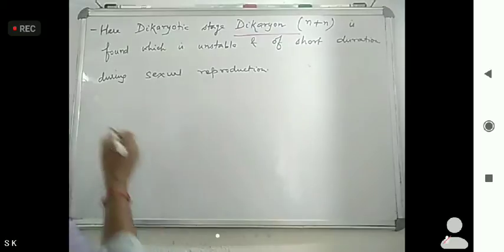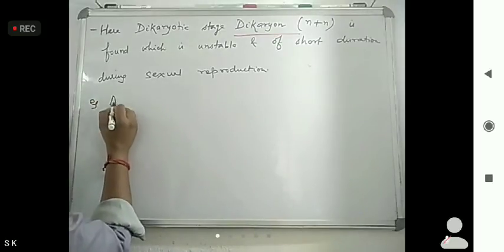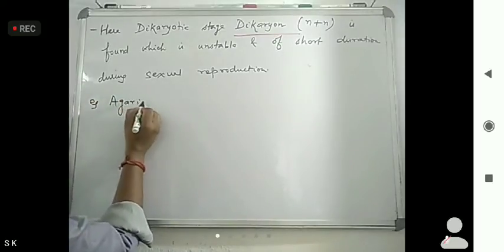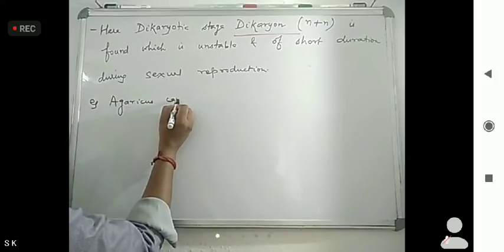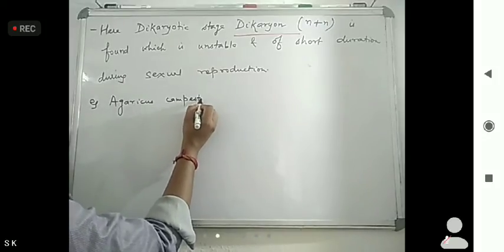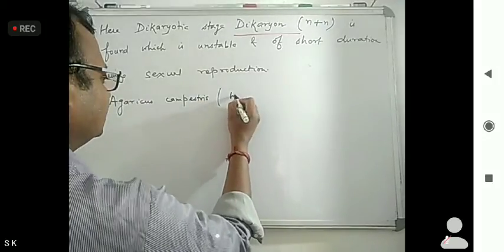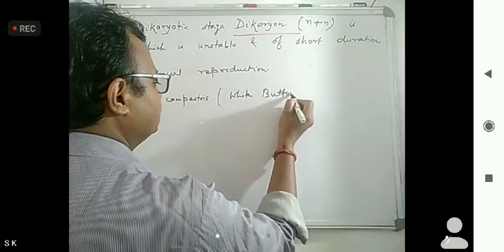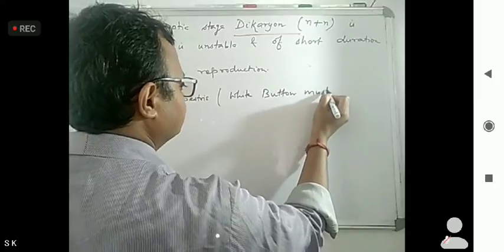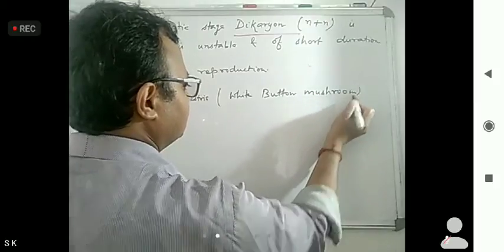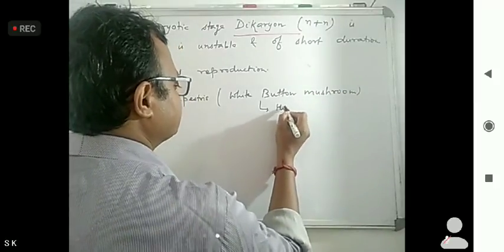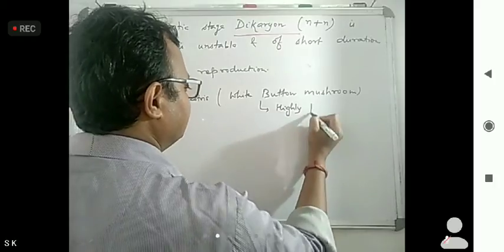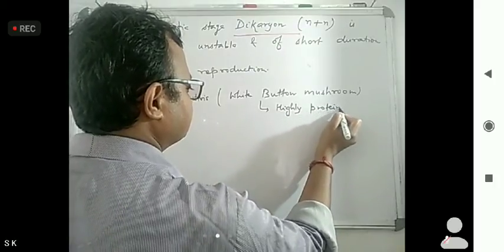So for example, Agaricus campestris, that is known as white button mushroom. This is a highly proteinous.